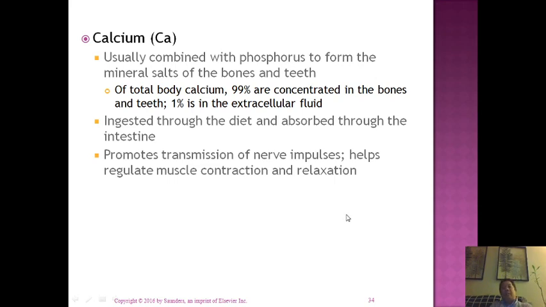Calcium is usually combined with phosphorus to form mineral salts of mostly bones and teeth.